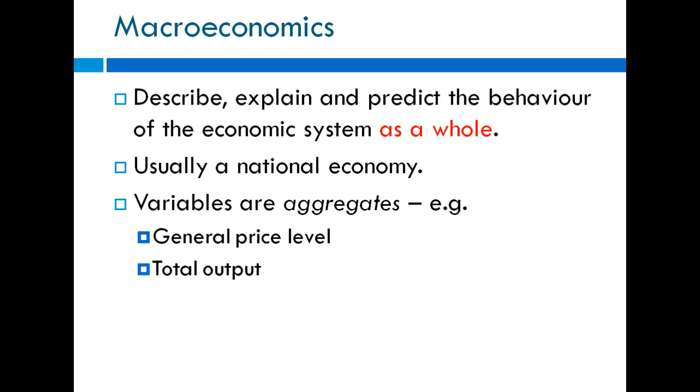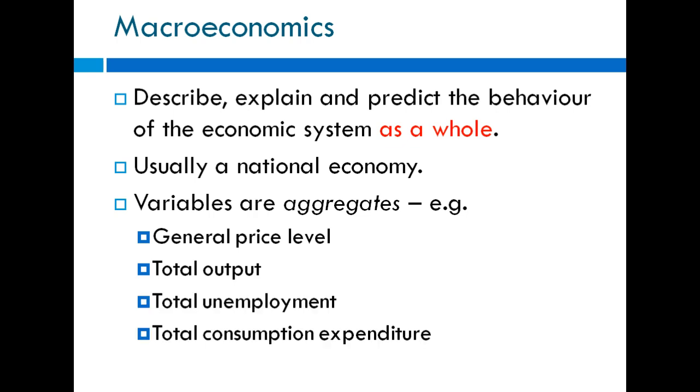Total output, that is, the total amount of goods and services produced in the economy as a whole over some period of time. We're not looking at the number of bricks produced, the number of apples produced. We're interested in the total number of goods and services produced, rather than thinking about, say, the number of bricklayers who are unemployed or the number of blast furnace operators who are unemployed.